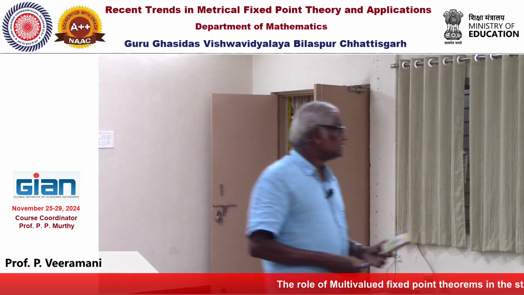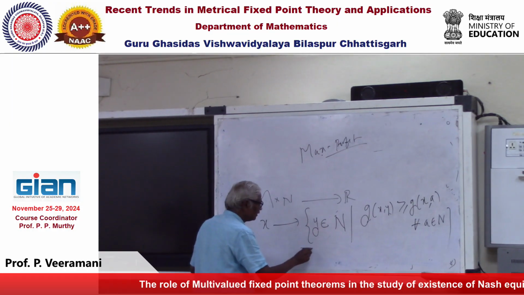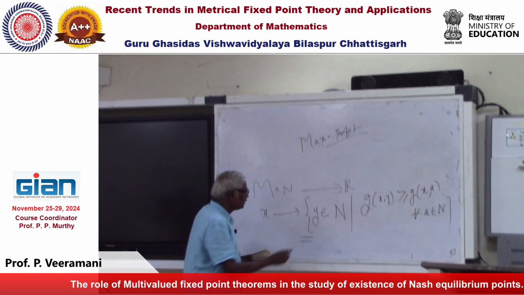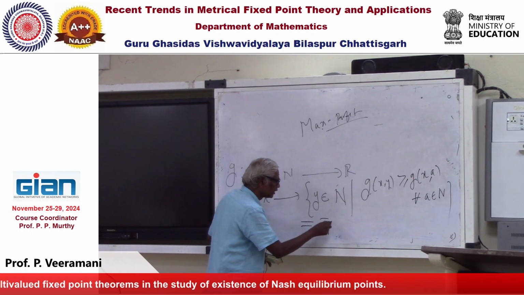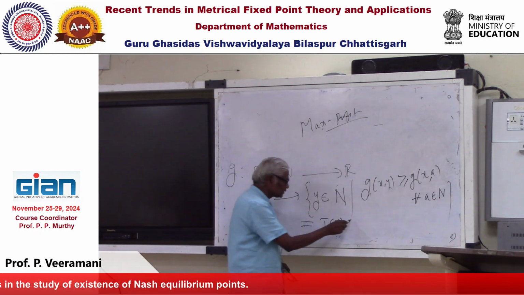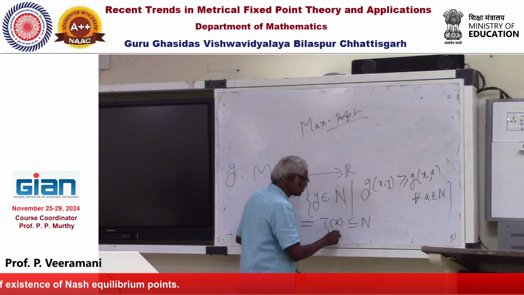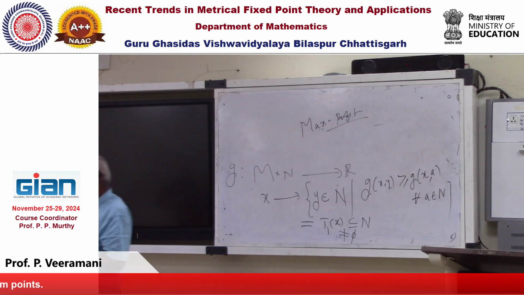That means this is a subset. This we call T2, or I will change the notation if necessary, or we call it T1 of X. This T1 of X is a subset. Under suitable conditions we will assume that it is a non-empty subset of N.